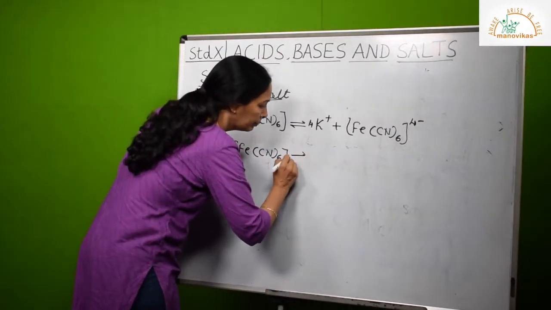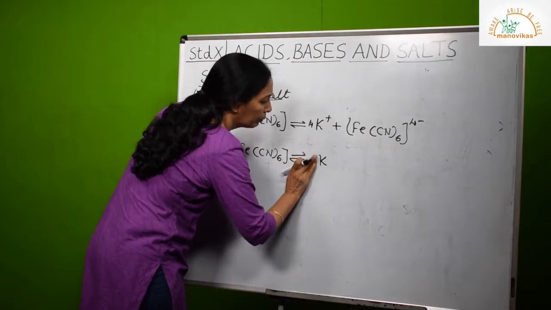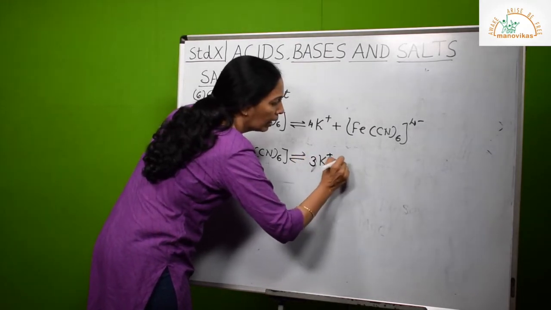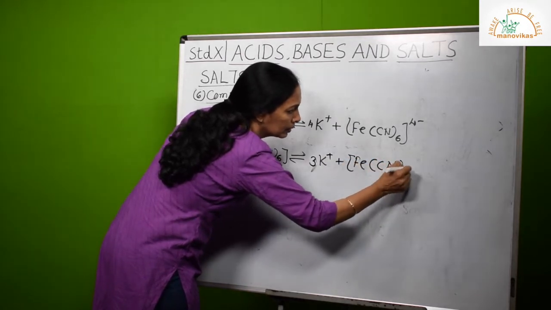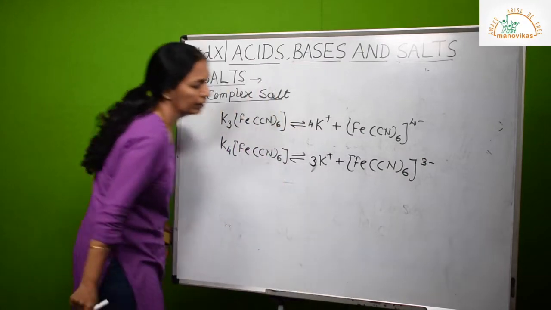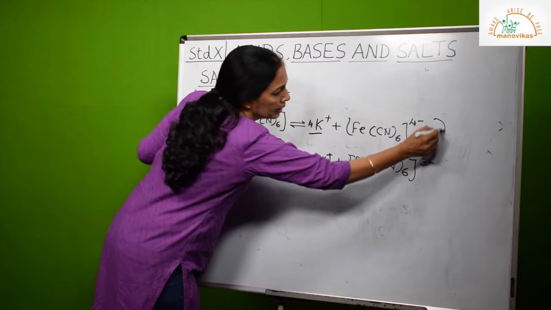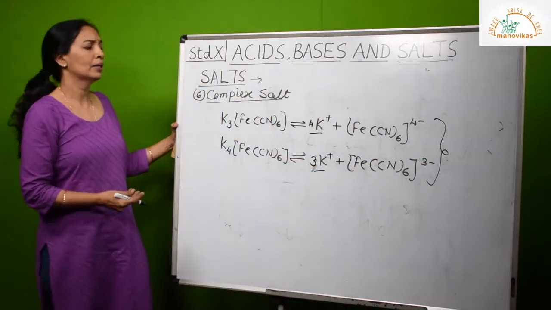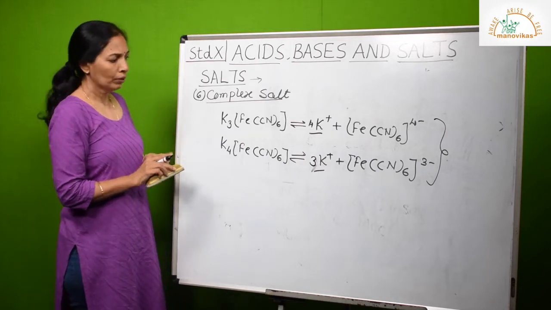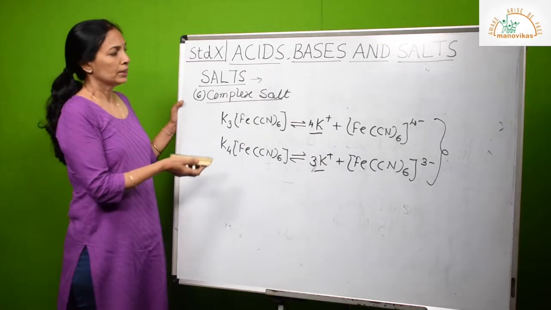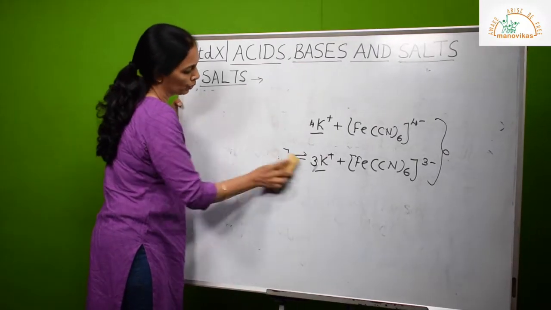And this will give potassium ion and [Fe(CN)6] ferricyanide ion. So they say these are simple ions and these are complex ions. Like this, sodium argentocyanide is another compound which is also a complex salt. So there are a number of examples. So this is what a complex salt. So this is all about types of salt.